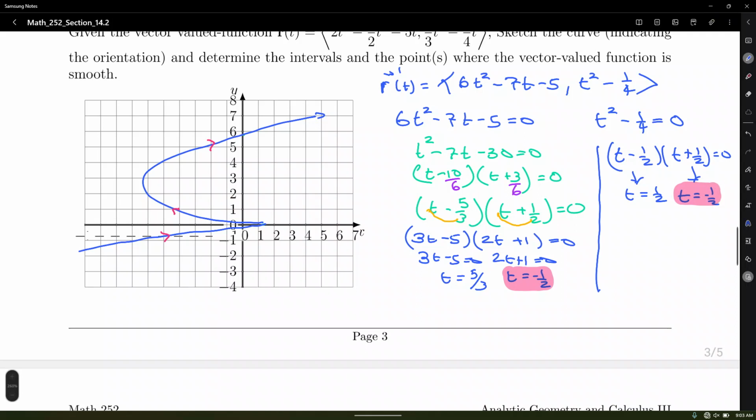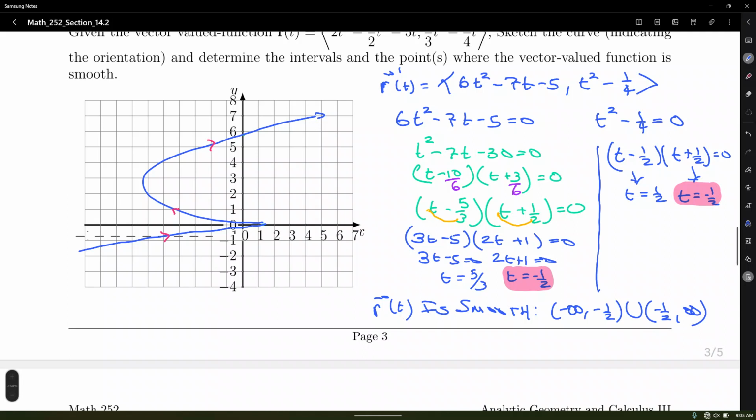So r of t is smooth in the interval negative infinity to negative 1/2 union negative 1/2 to infinity. All right, so that's where the vector valued function is smooth. Or you could say it's not smooth at t equals negative 1/2.